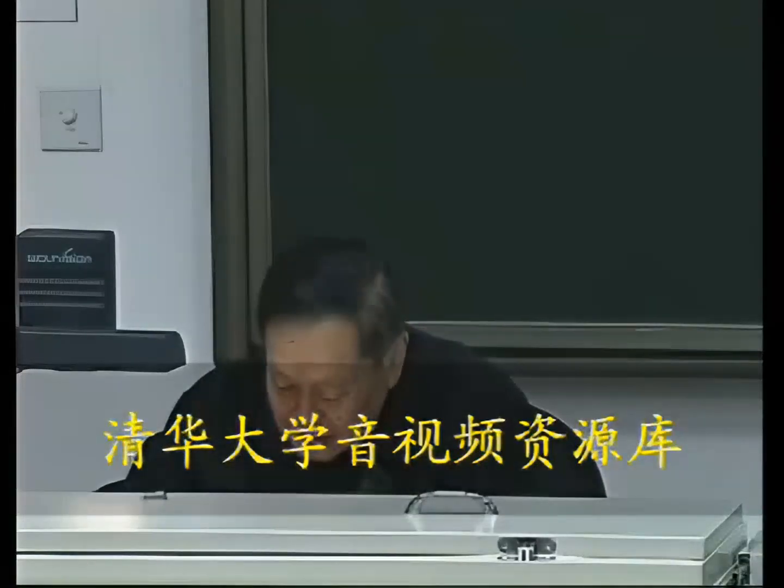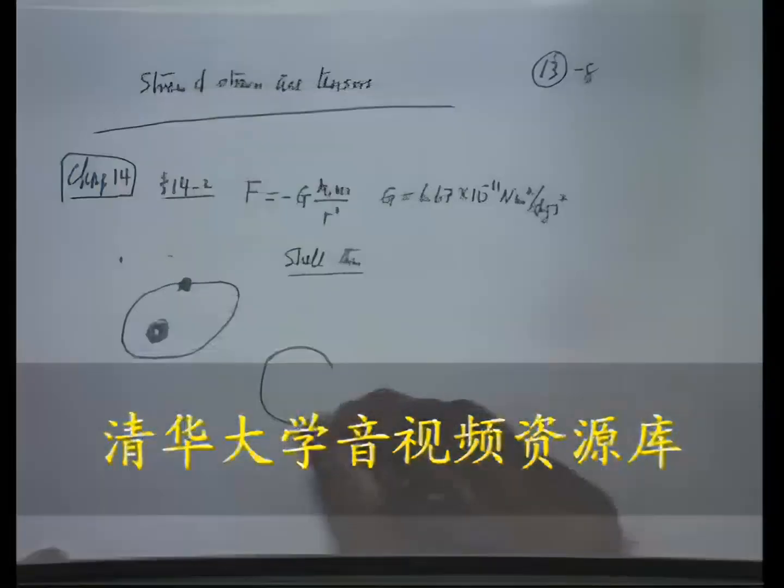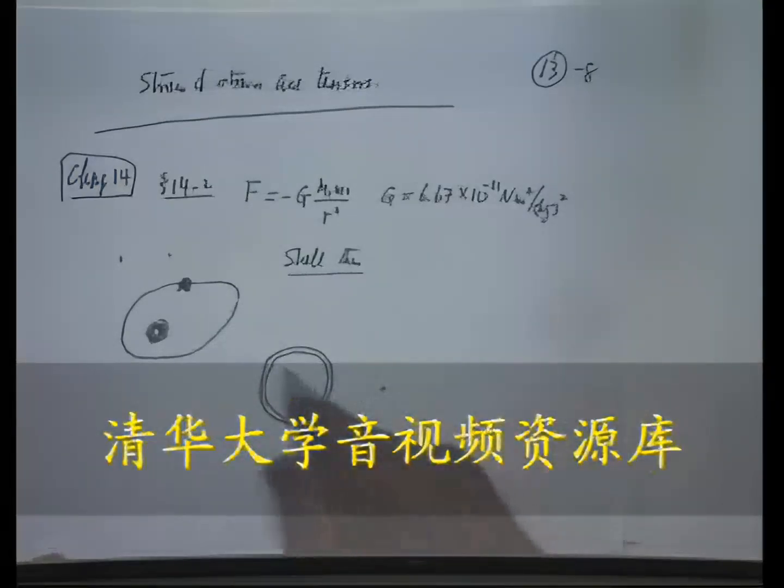Now, what is the Shell Theorem? The Shell Theorem says that if you have a uniform shell, then if you have a gravitational force by the shell on a body here, then that gravitational force is equivalent to compressing all the shell's mass into one single point, and using the same gravitational formula of attraction between this center and this point.